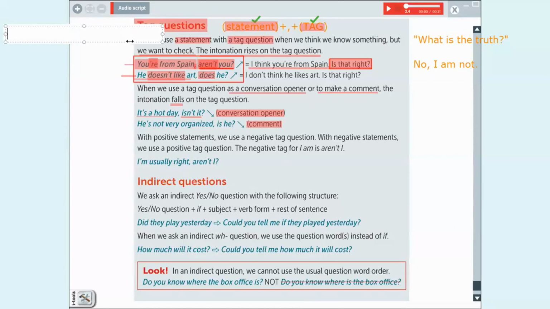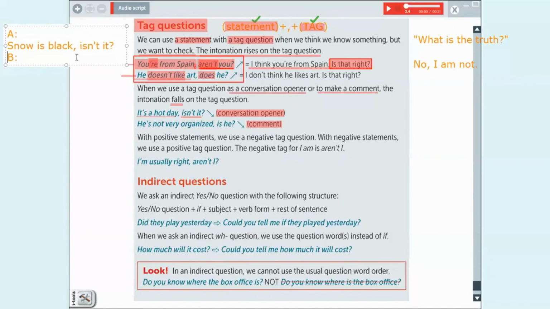Let's imagine a real conversation. Person A is talking to person B, and person A says, snow is black, isn't it? So we just need to think, is that right?